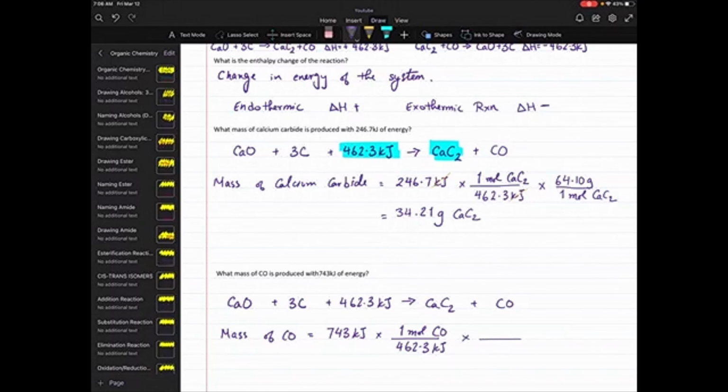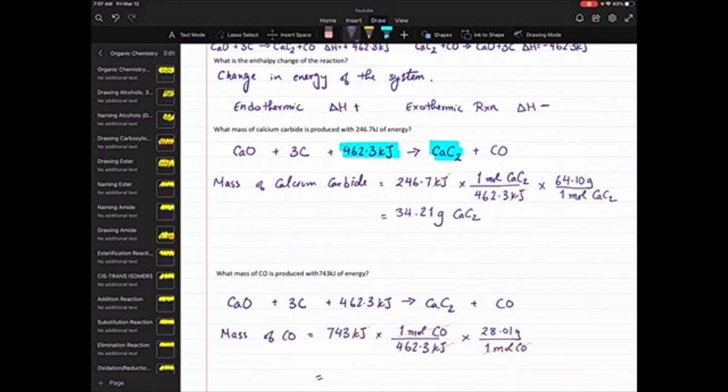Molar mass of carbon monoxide is 12.01, which is one carbon's molar mass, plus 16.00, which is equal to 28.01. 28.01 grams in every mole of CO. Now, moles of CO and moles of CO will cancel out. There we go. That was the whole idea. Energy will cancel out, and our final answer will be in grams, and that is what we are looking for.